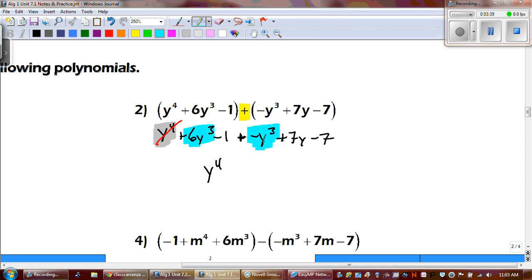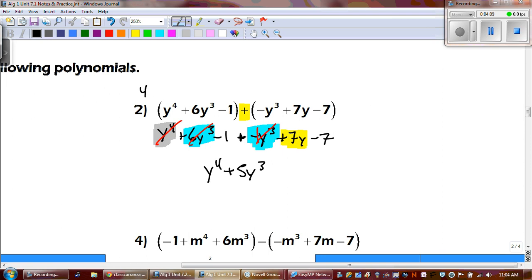Look for our cubes. 6y cubed minus, remember that's a 1, minus 1, 6 minus 1 is positive y cubed. There are no y squareds, but we do have a y, and that's all by itself. So this is number 4 on yours.